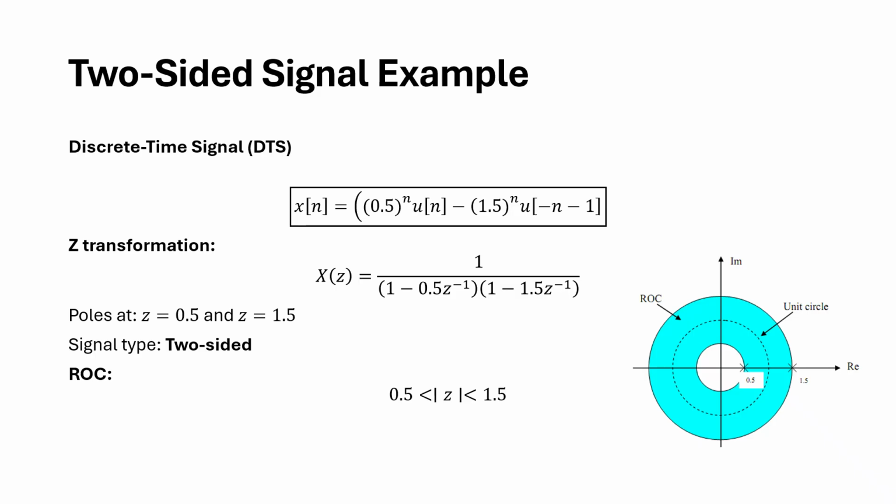So for the overall transform to converge, the ROC must be the overlap, the region where both conditions are satisfied, which is the ring where z greater than 0.5 and z less than 1.5. So the ROC is the annulus between two poles. Two-sided signals are generally non-causal, and they are often not stable, depending on whether the unit circle lies inside the ROC or not. These signals are mainly used for analysis purposes.